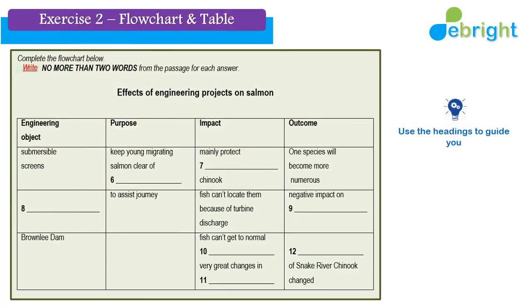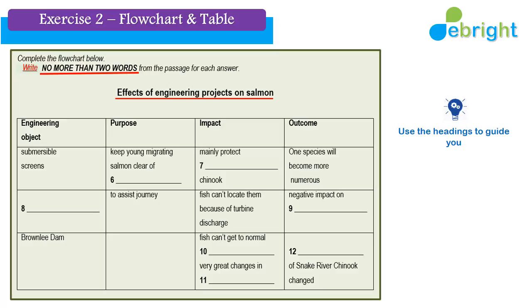Well, now let's find the answers for the table over here. Let's see the instruction first. You should write no more than 2 words over there, and the title is Effects of Engineering Projects on Salmon.